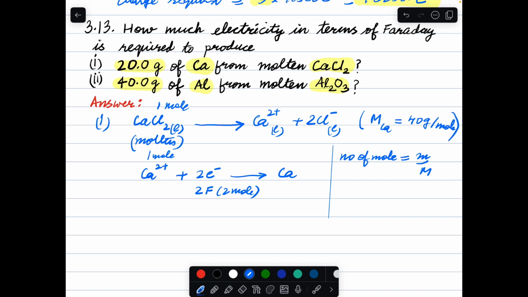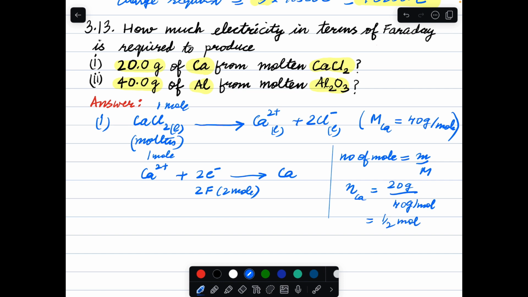So the number of moles of calcium will be equal to the given mass, 20 gram, divided by 40 grams per mole. So you get the answer as 1/2 mole.